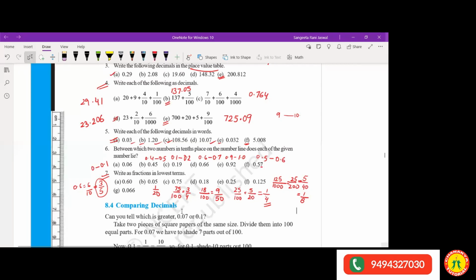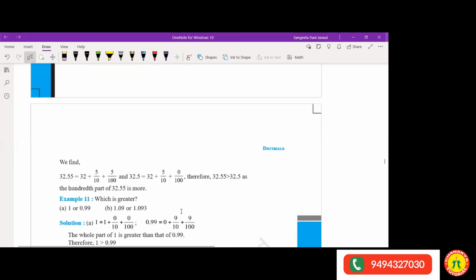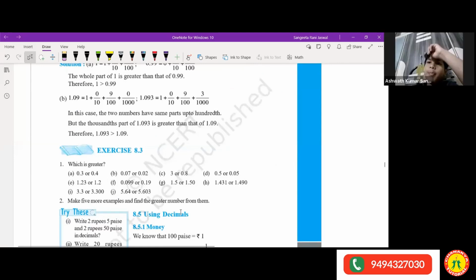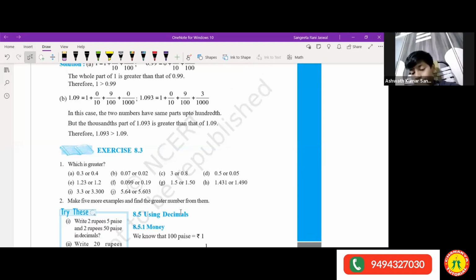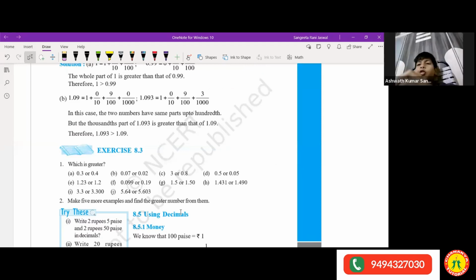Now comparing decimals. Comparing decimals means greater, lesser, which is greater, which is lesser. Now see this, which is greater here, 0.3 or 0.4? 0.4.